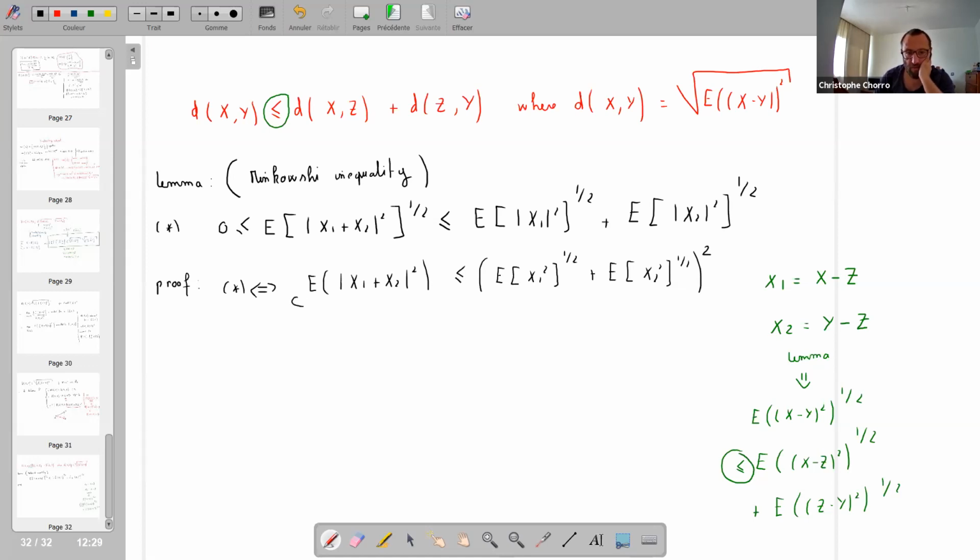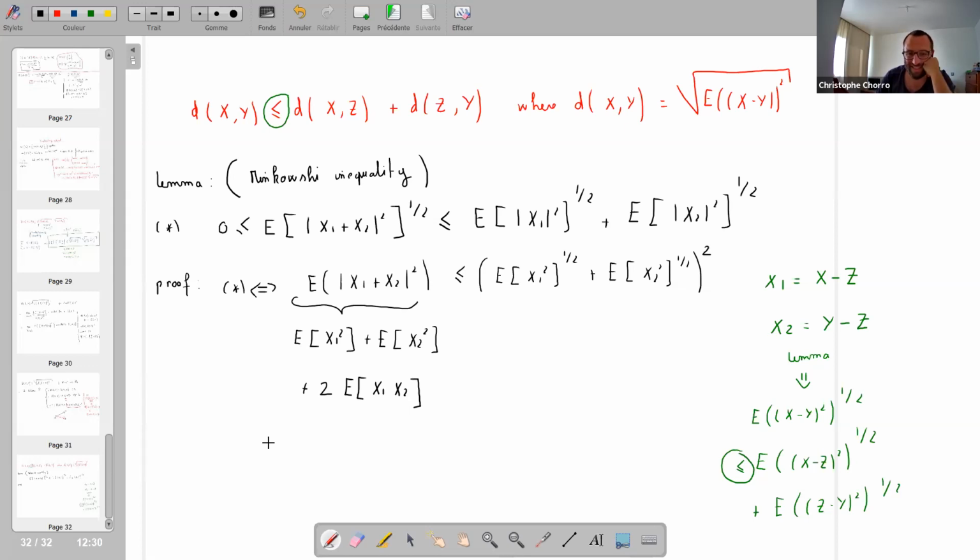So let's develop what this one is. It's the expectation of x1 square plus the expectation of x2 square plus 2 times the expectation of x1 x2.